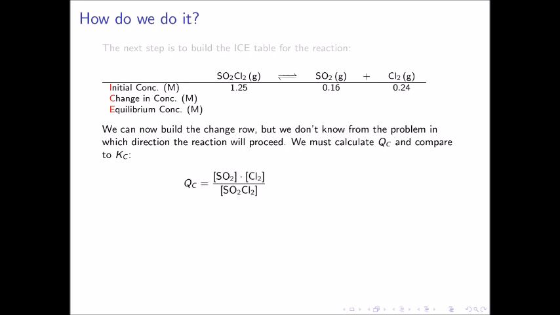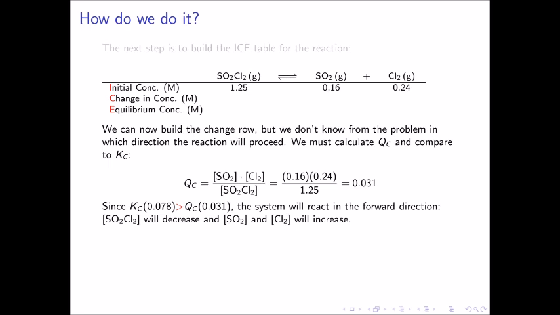Recall that Qc takes exactly the same form as Kc. In this case, the concentration of SO2 times the concentration of Cl2, all divided by the concentration of the SO2Cl2. We then substitute in our initial concentration values. When we perform the arithmetic, we find that the value of Qc is 0.031.